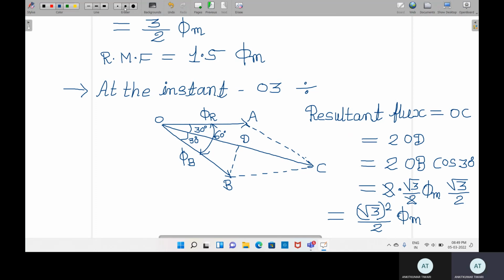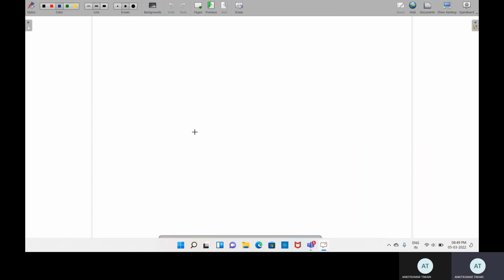So our resultant value will be 3 by 2 phi m, which is written as 1.5 phi m.